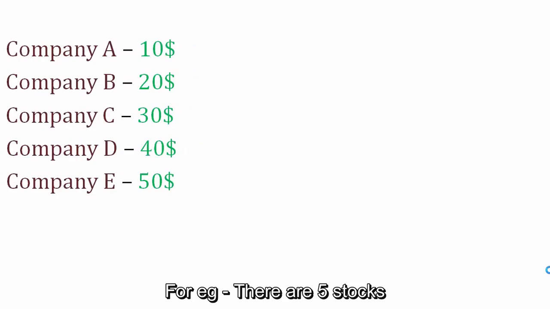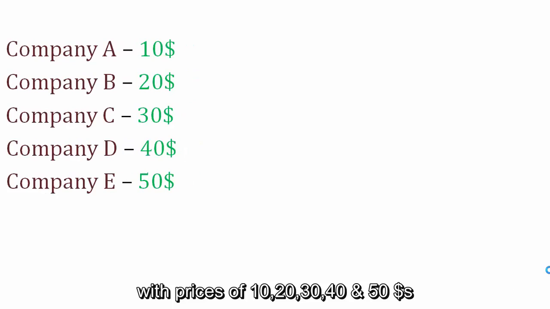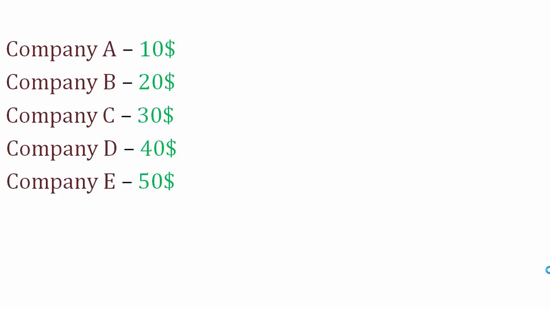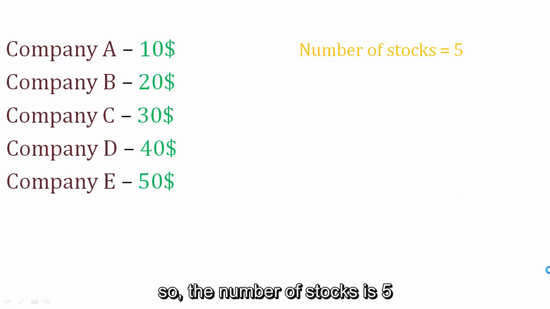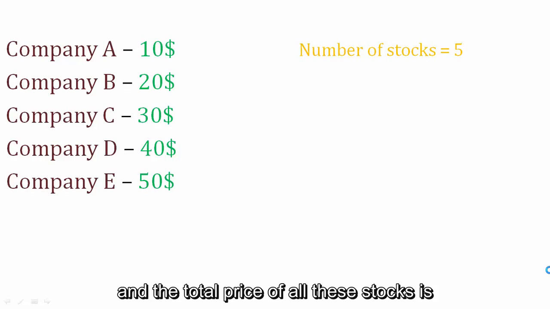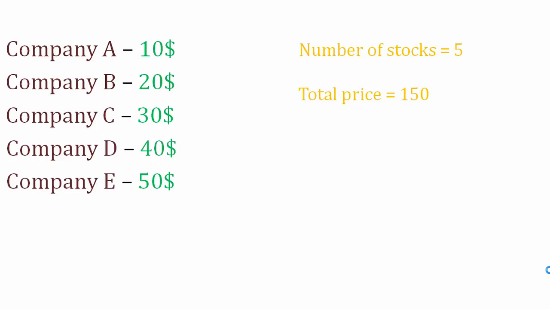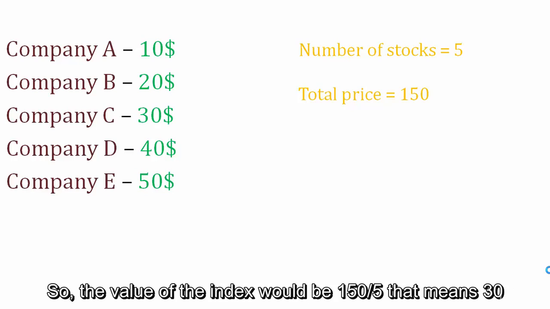For example, there are 5 stocks with prices of $10, $20, $30, $40 and $50. So the number of stocks is 5 and the total price of all these stocks is 150, that is 10 plus 20 plus 30 and so on till 50. So the value of the index would be 150 divided by 5, that means 30.